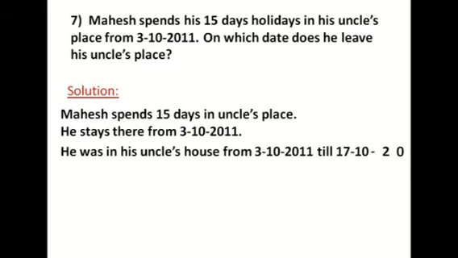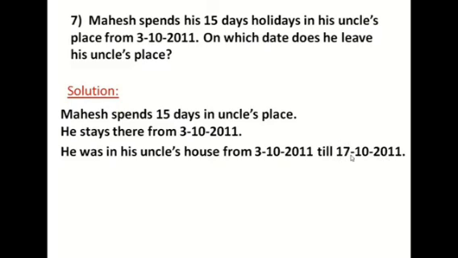So we can write he was in his uncle's house from 3/10/2011 till 17/10/2011. Here you have to be very clear why I am telling 17/10/2011: because he was there 15 days. So taking 3rd of October in consideration and then counting 15 days, we reached 17/10/2011.